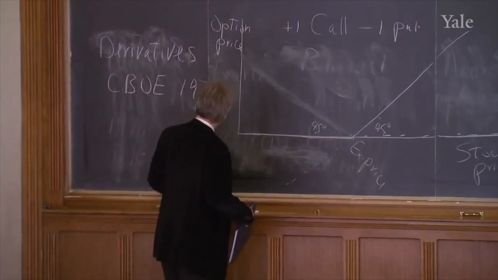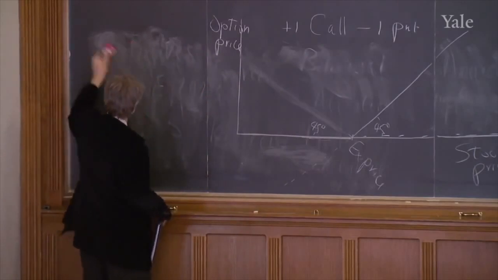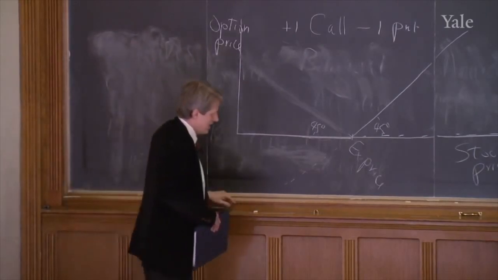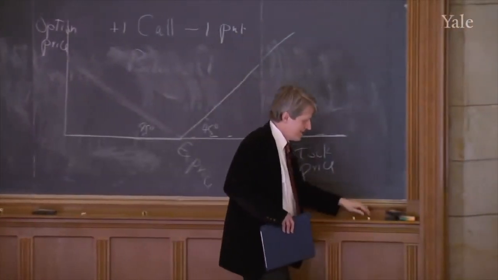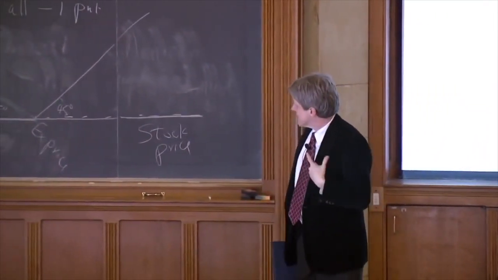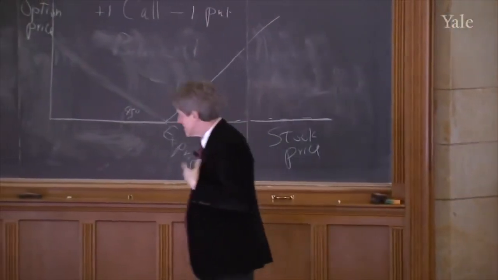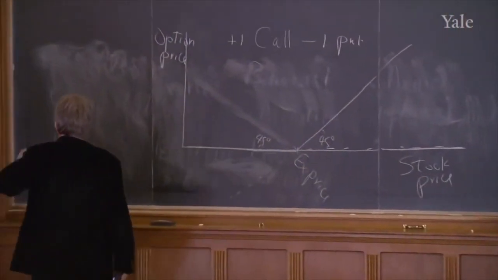This leads us to the put-call parity equation. Well, if a call minus a put is the same thing as the stock minus the exercise price, then the prices should add up too, right?